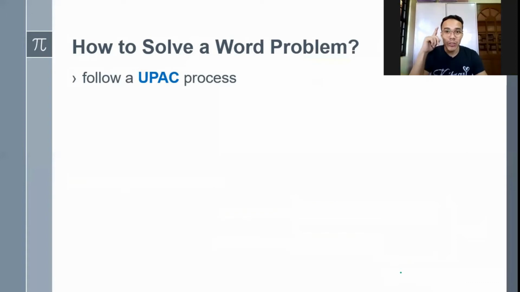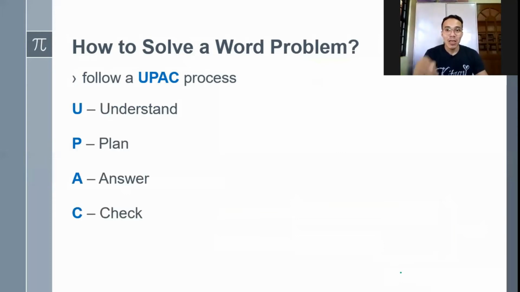I've already introduced to you this process when you were in grade 1. U stands for understand. You understand the problem, you have to ask questions about the problem. If you can answer those questions, it means you have understood the problem.